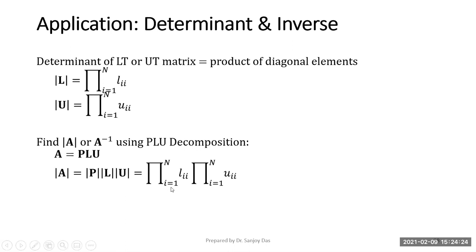And so when we multiply them together, we get the determinant of this matrix A. A inverse, again, equals U inverse, L inverse, P inverse, and these operations are computationally less expensive than having to invert this matrix A. And so using PLU decomposition, we can find the inverse of a matrix.